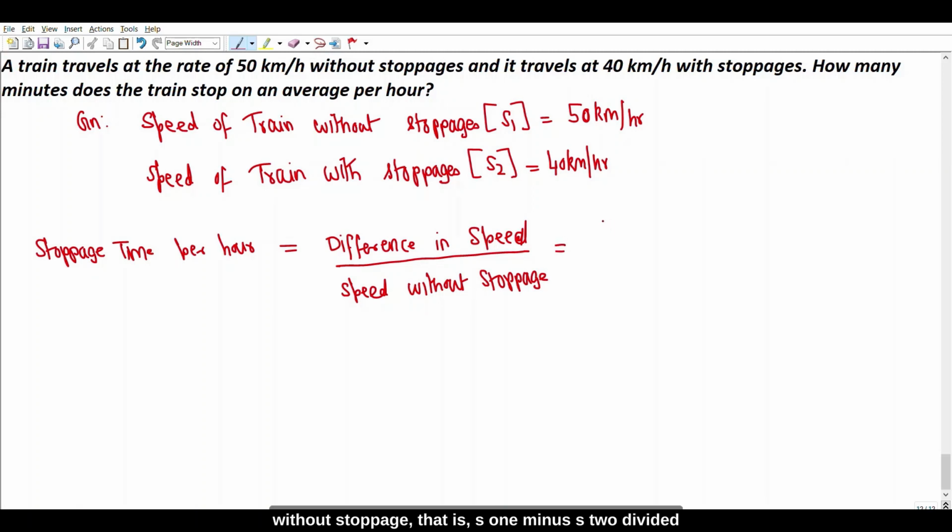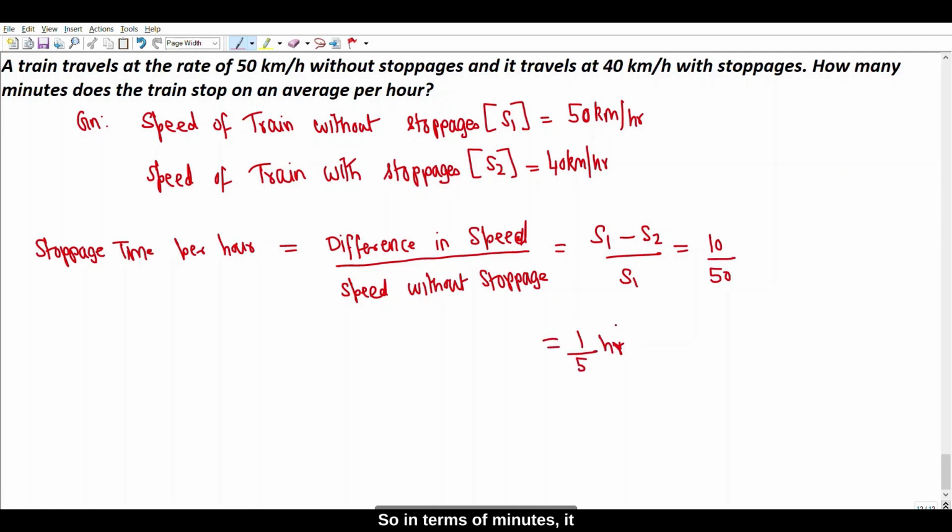That is, S1 minus S2 divided by S1, which is equal to 10 by 50, which is equal to 1 by 5 hour. So in terms of minutes, it can be expressed as 12 minutes. Therefore, the train stops 12 minutes on an average per hour.